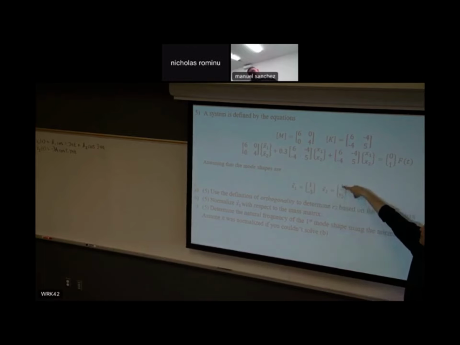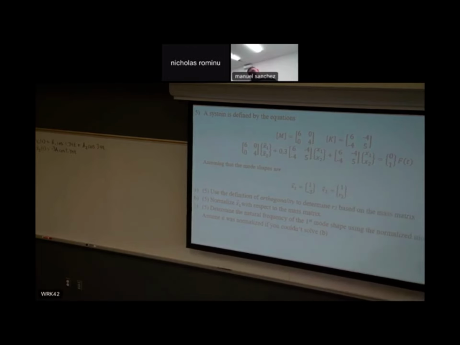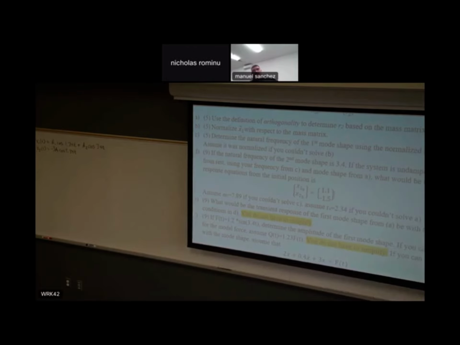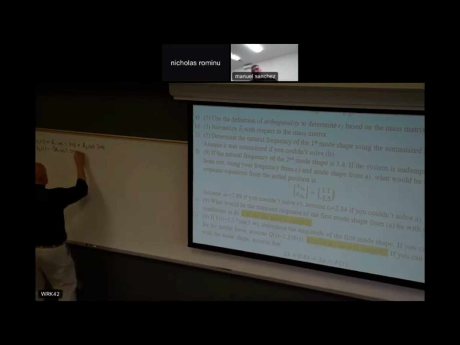The second mode shape, the second mass is going a half times the first mass. And so it's plus 1/2 A2 cosine 3.4 t.